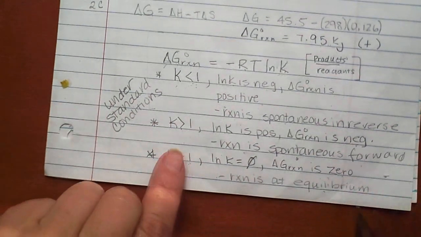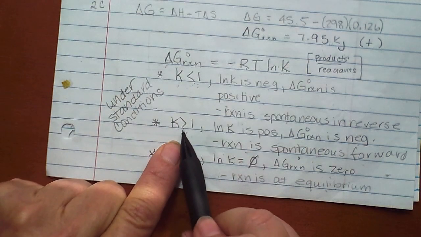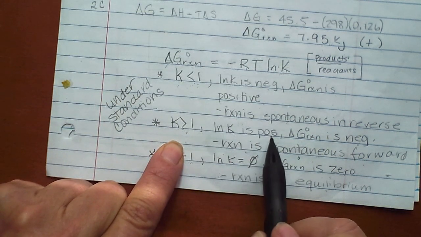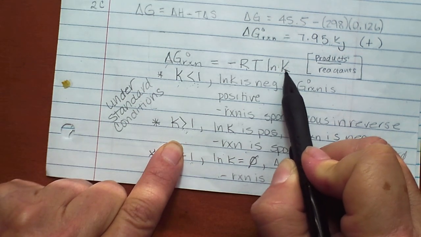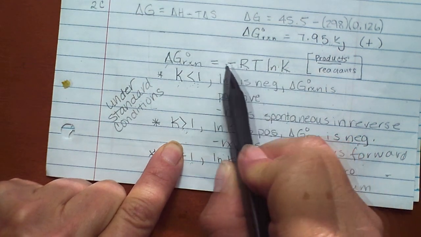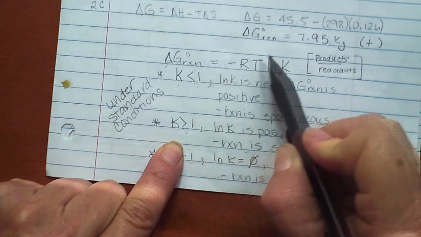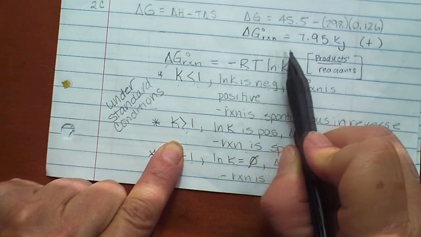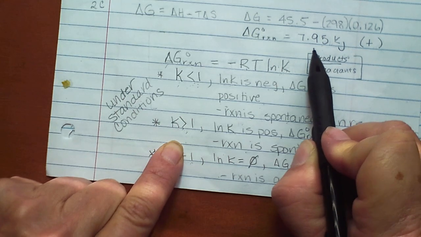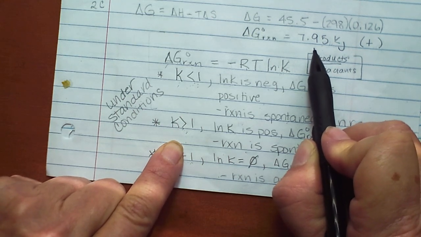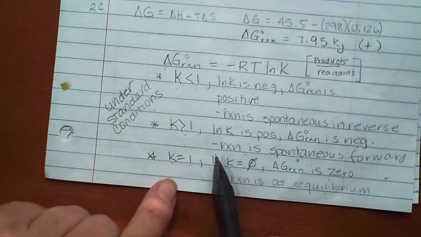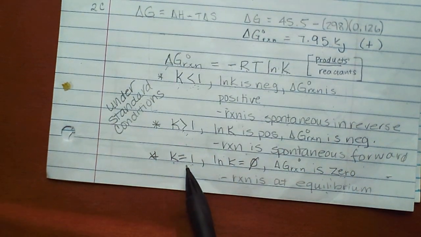What if K was greater than 1? Then the ln of K would be positive. We would have a positive times a negative, which would tell us that delta G is in fact negative. That does not go with the answer that we found for delta G, so the student would be incorrect. What if K was equal to 1?